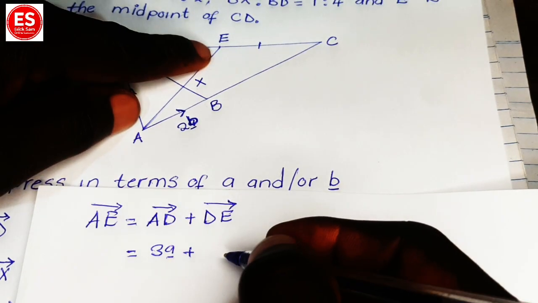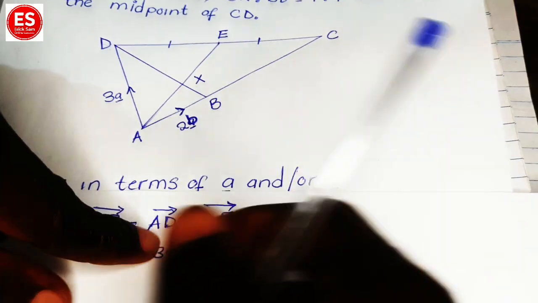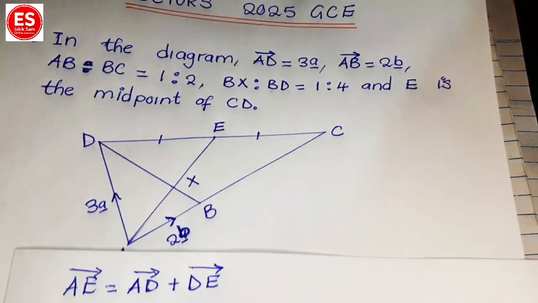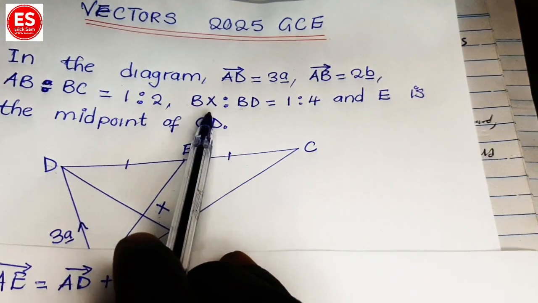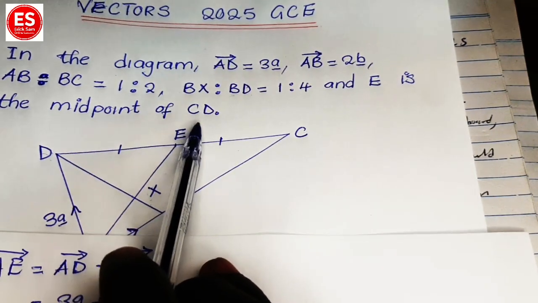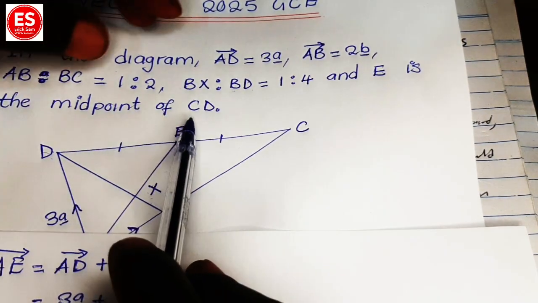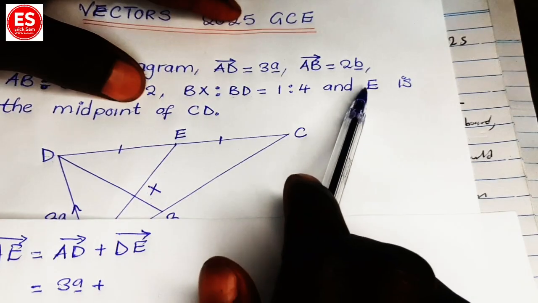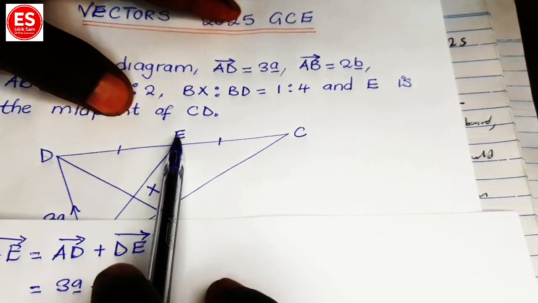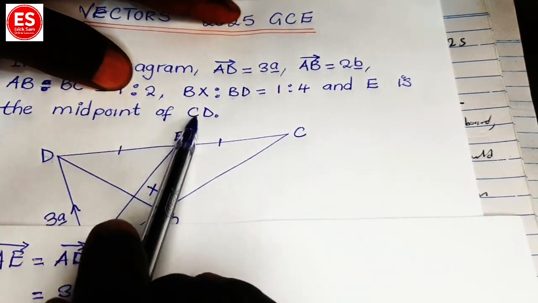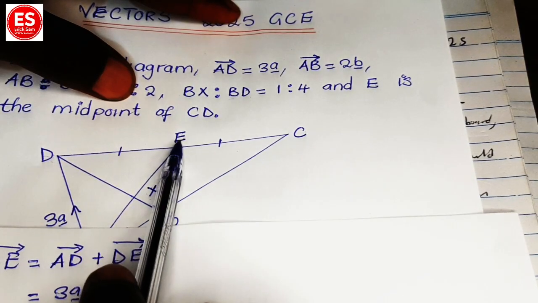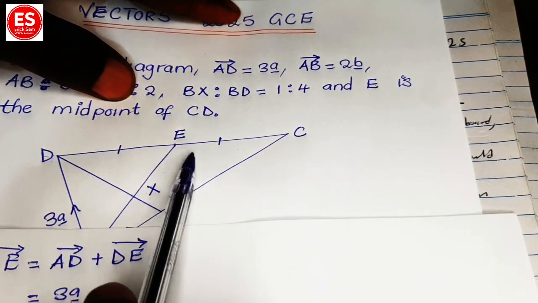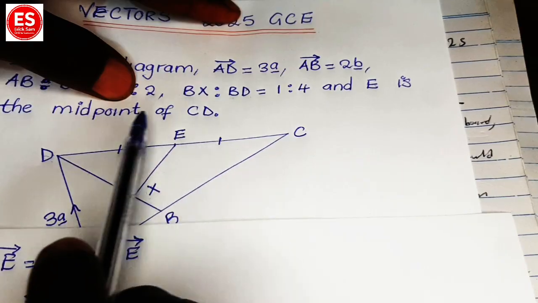DE. Now DE, you need to know that this is in form of ratios. If you look here, they're saying E is a midpoint of CD, meaning that E divides this line CD into 2 equal halves, meaning here there is a ratio 1, ratio 1.